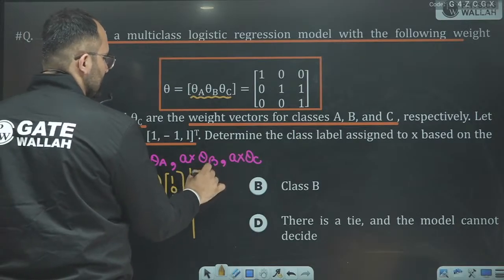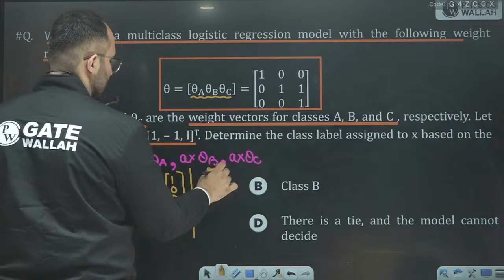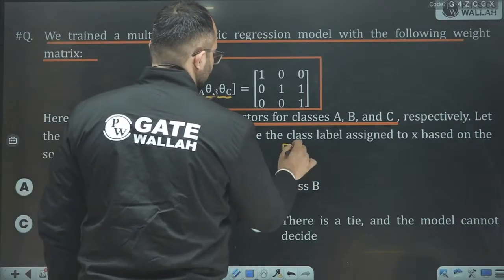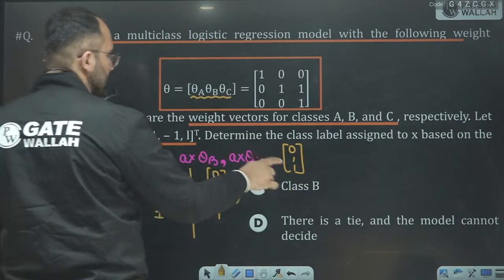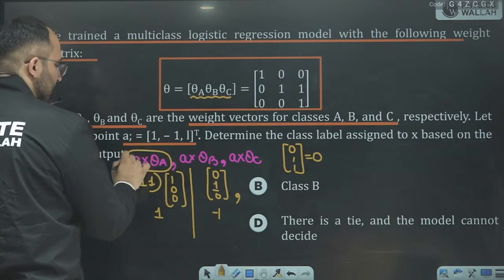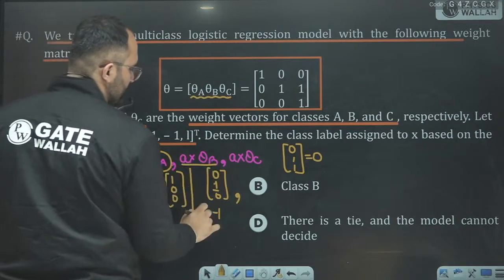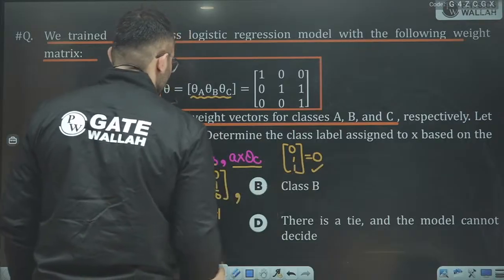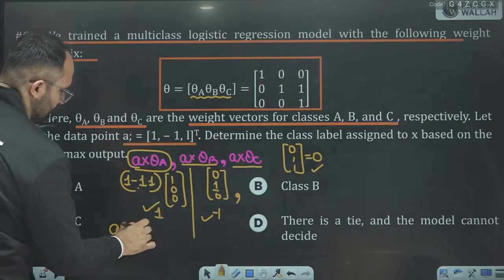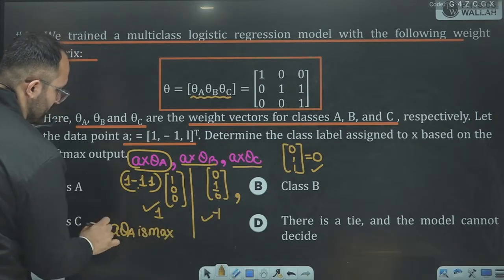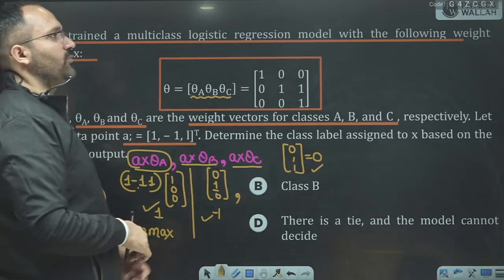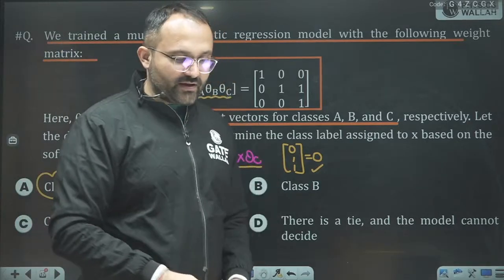Theta B is 0 1 0, the value is minus 1. Theta C is 0 1 1, so A multiplied by this will be 0. So A times theta A is the maximum, 1, while the others are minus 1 and 0. So the point belongs to class A. I hope all of you are able to do it.